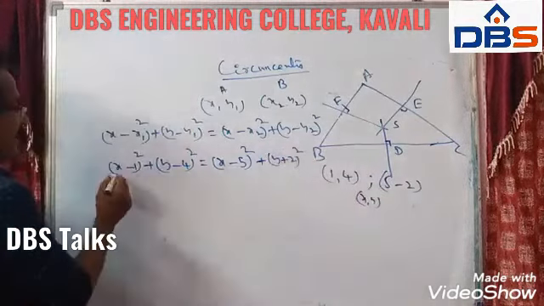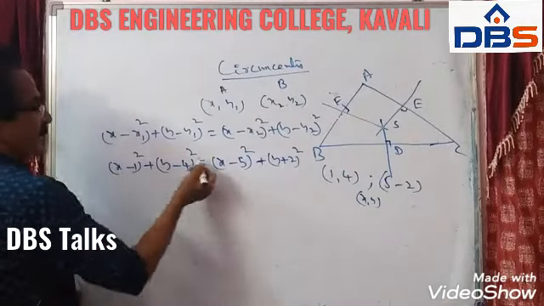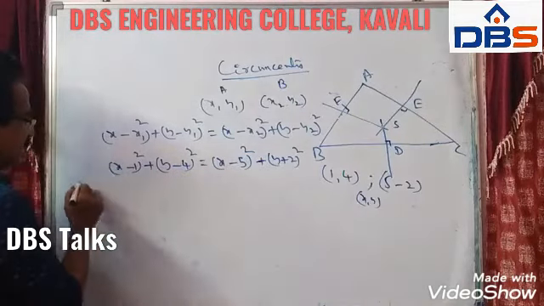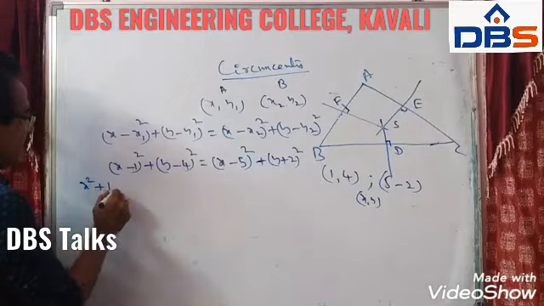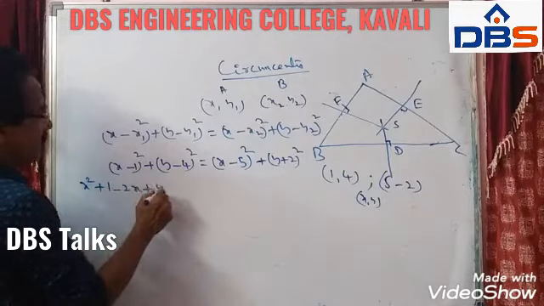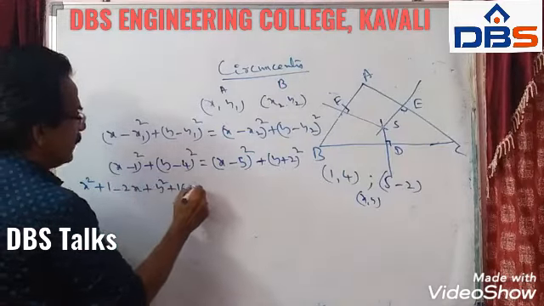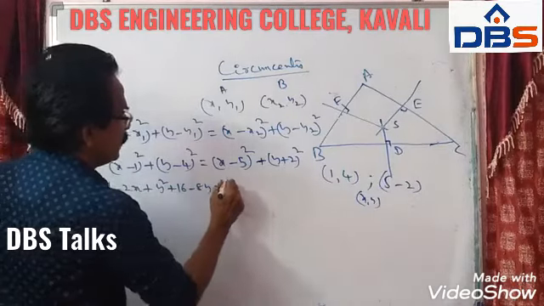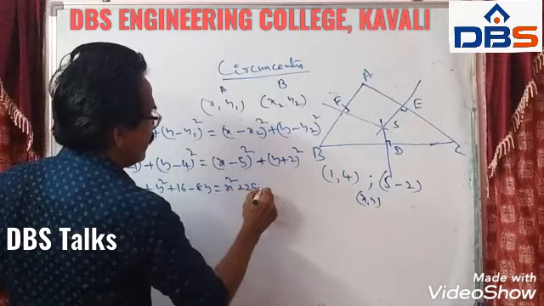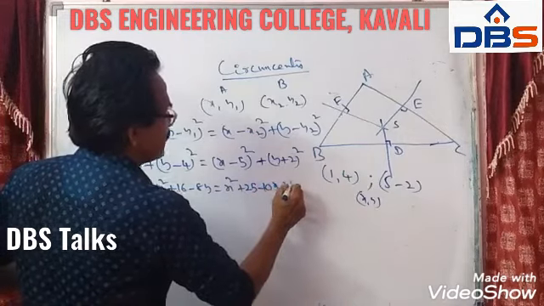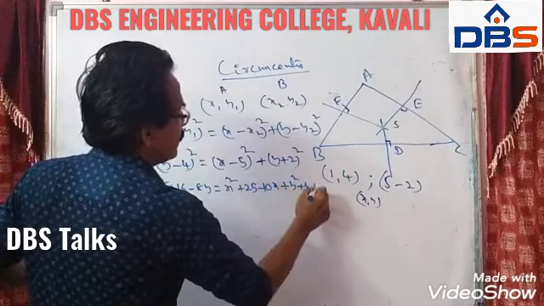The x square term and y square term will get cancelled. So x square plus 1 minus 2x plus y square plus 16 minus 8y is equal to x square plus 25 minus 10x plus y square plus 4 plus 4y.